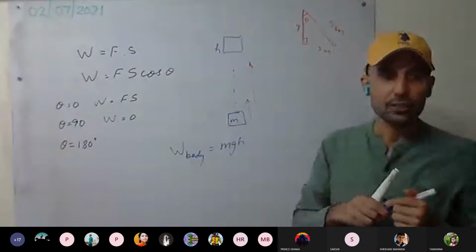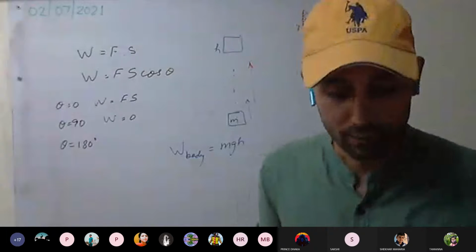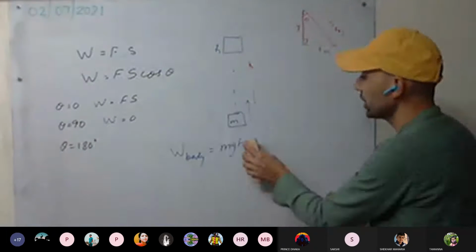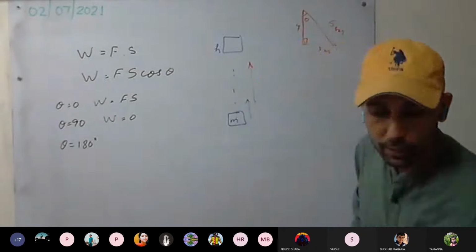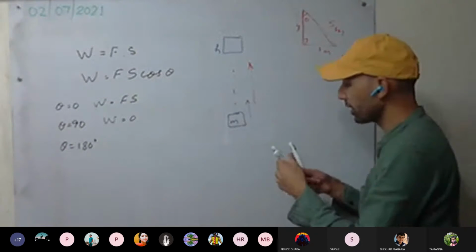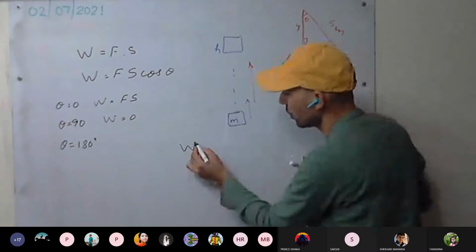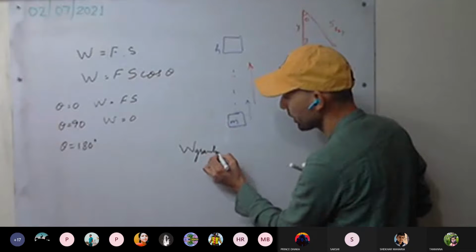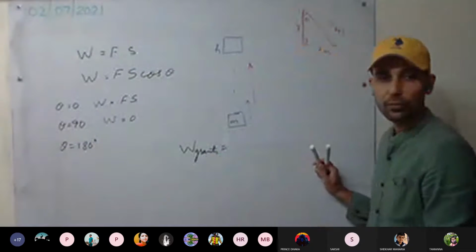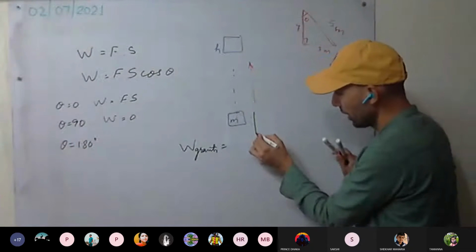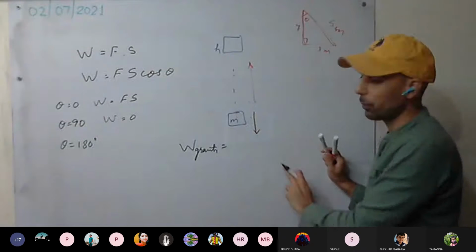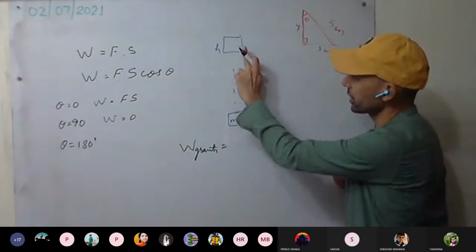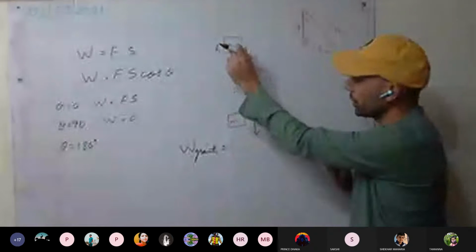If I ask you what is the work done by gravitational force, this time we are calculating work done by gravity. Gravity will apply force in which direction? In this direction. And the body is moving in which direction? In the opposite direction. It is going up.